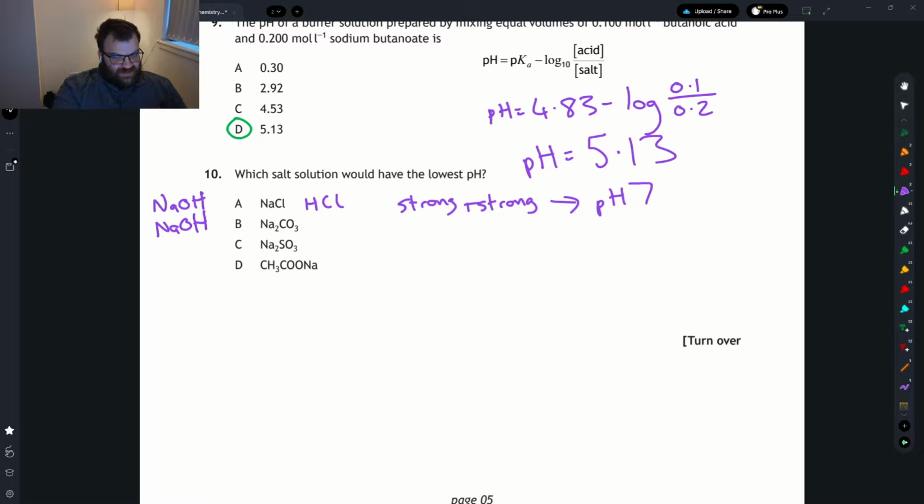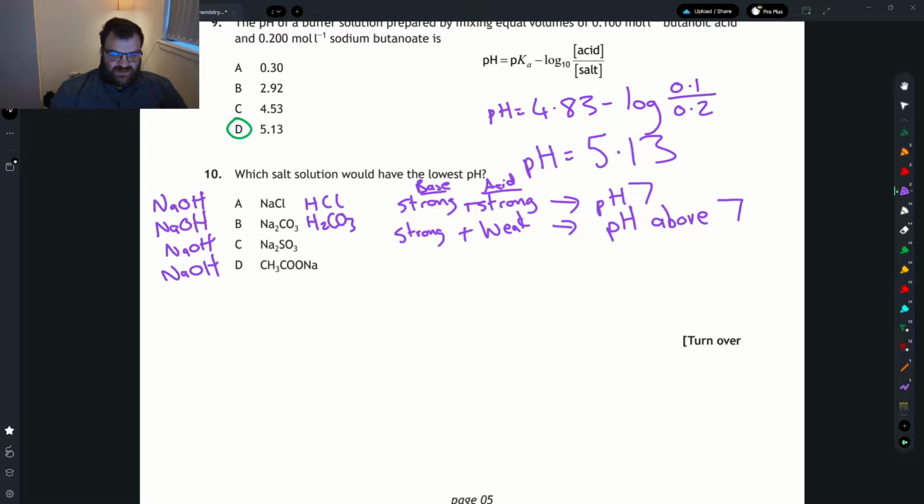Again, likely going to be a strong base, and then this will come from carbonic acid, H2CO3. If it's strong base, weak acid, pH will be likely above 7. Or NaOH as we've got in that one.